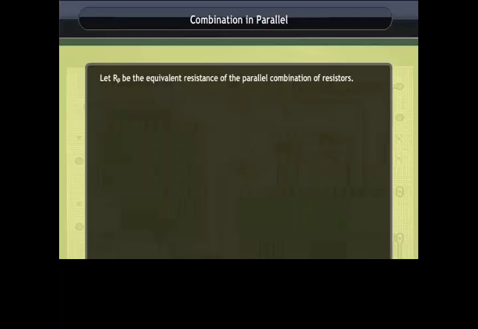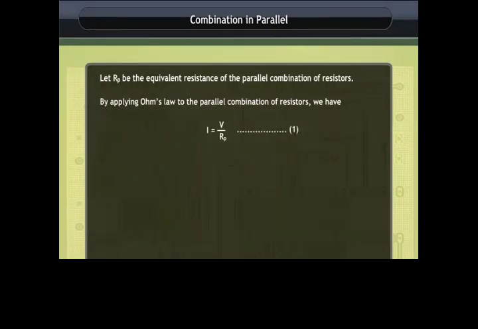Let Rp be the equivalent resistance of the parallel combination of resistors. By applying Ohm's law to the parallel combination of resistors, we have I = V/Rp. Let it be equation 1. On applying Ohm's law to each resistor, we have I1 = V/R1, I2 = V/R2 and I3 = V/R3. Let it be equation 2.